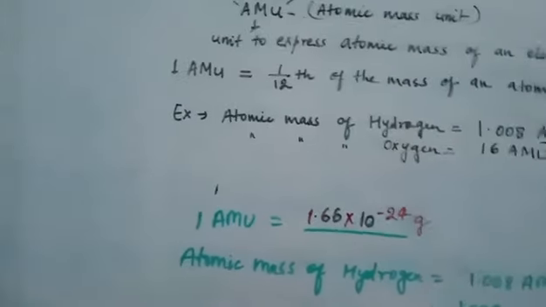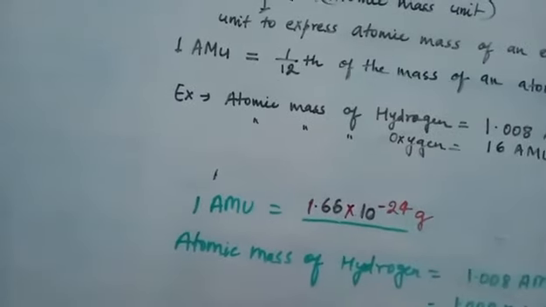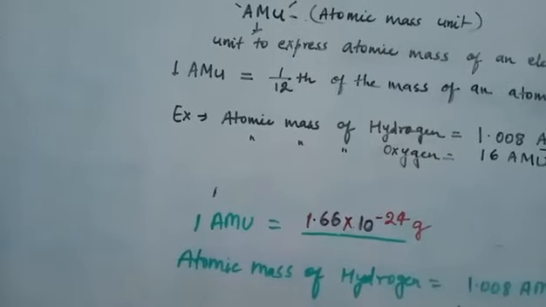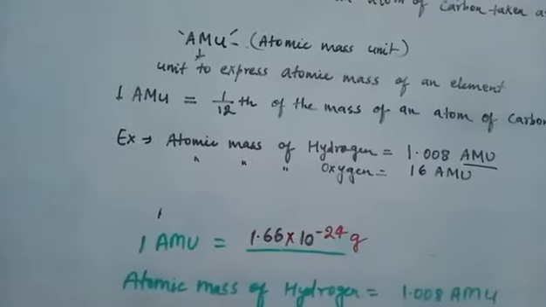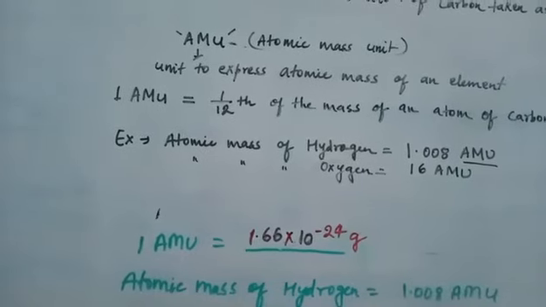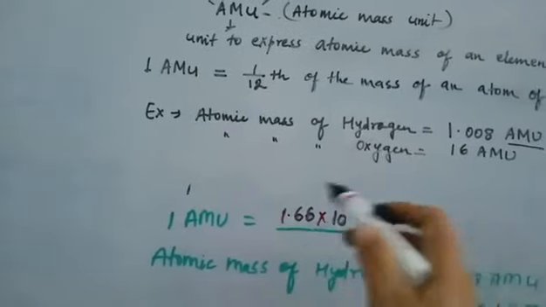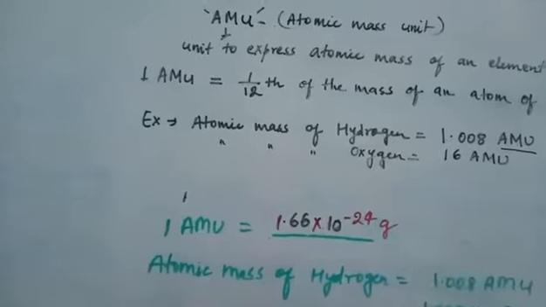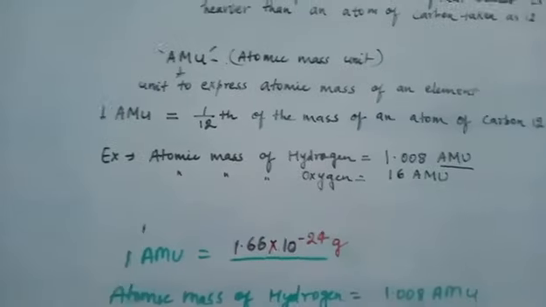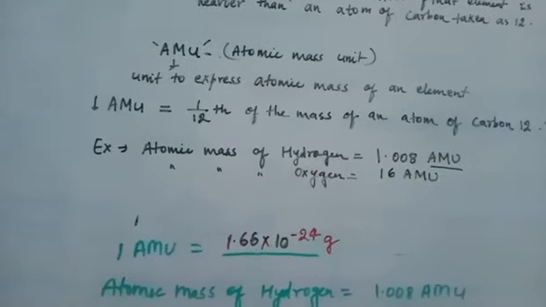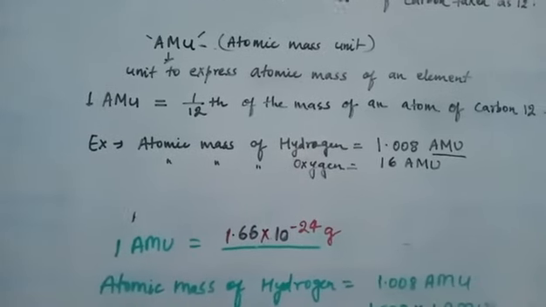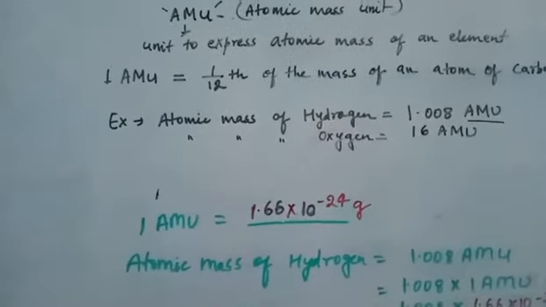That is why we cannot express the atomic mass of any element in gram. Scientists wanted a unit which gives a perfect numerical value, without fractional values or anything like that.